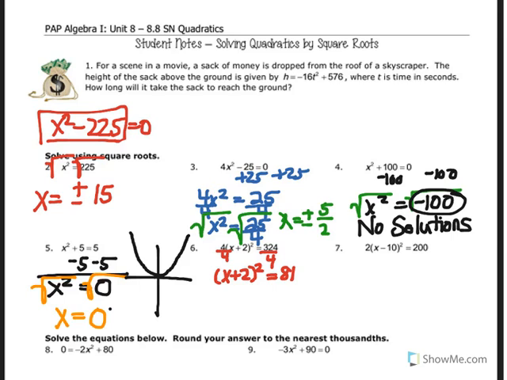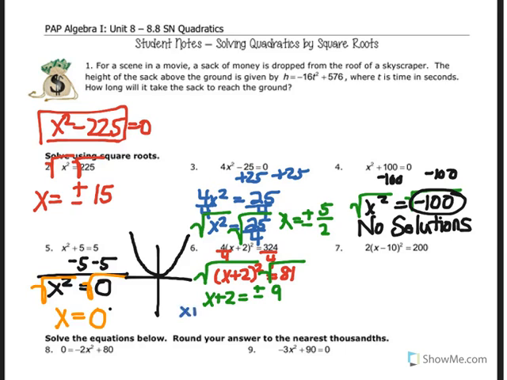Now at this point, we want to undo the square, so let's take the square root of both sides. So we get x plus 2 equals, and what's the square root of 81 when we're solving like this? Plus or minus 9.